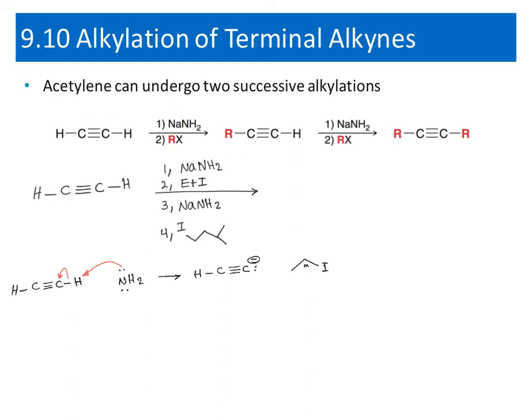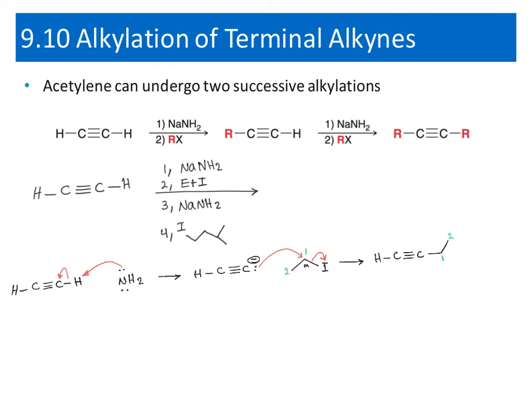So this is the alpha carbon. The alkynide ion will attack the alpha carbon and kick off the leaving group. So we are going to form this structure. So let's number the carbons. This is 1 and 2, 1 and 2.